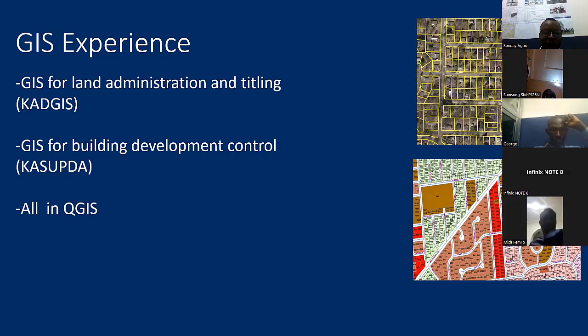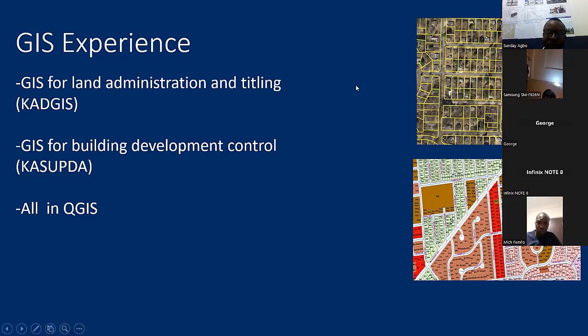All the properties or buildings that have a title or are registered with the government in Kaduna State are digitized, and the name of the owner is assigned to that particular property. So even in the next 100 years, as far as that land is there and you have the C of O for it, it's already allocated to you and your name is already in the system. So that is one of the importance of using GIS for land administration.